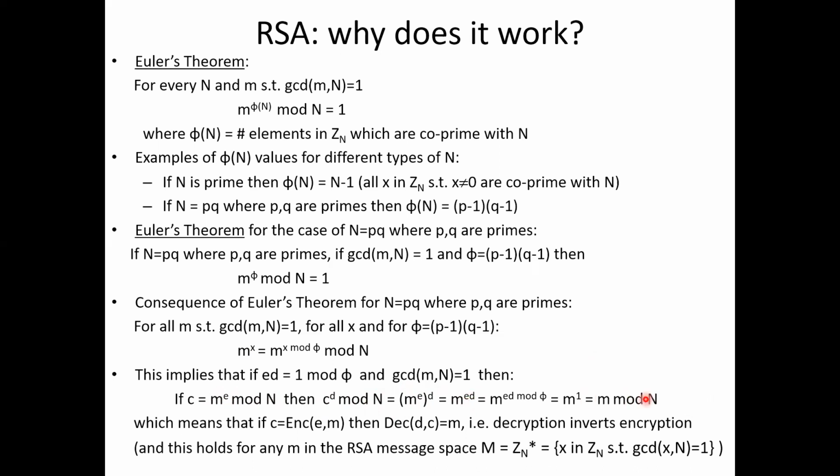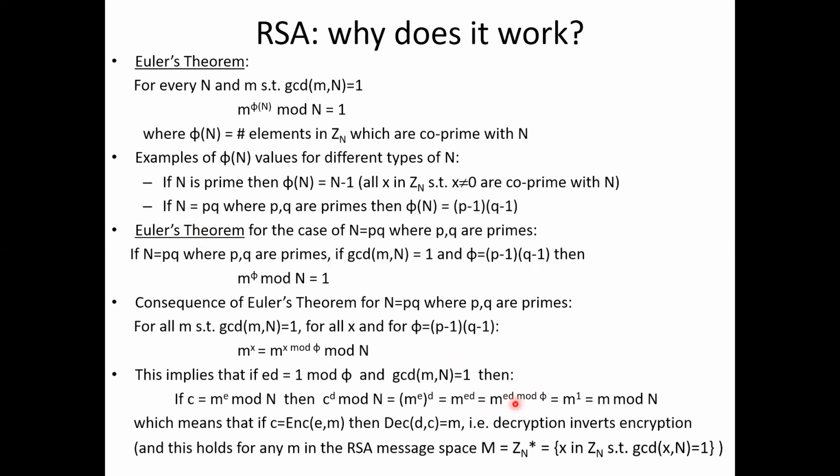And because I'm exponentiating mod n, where exponentiating to phi is like exponentiating to a 0, I know that m to the ed is the same as m to the ed mod phi. A consequence of Euler's theorem.